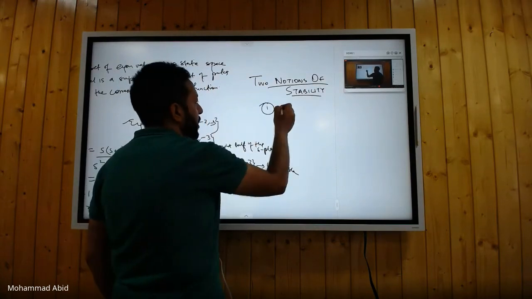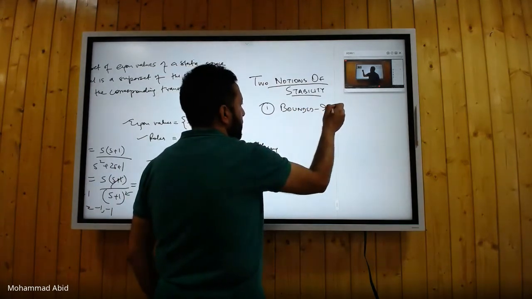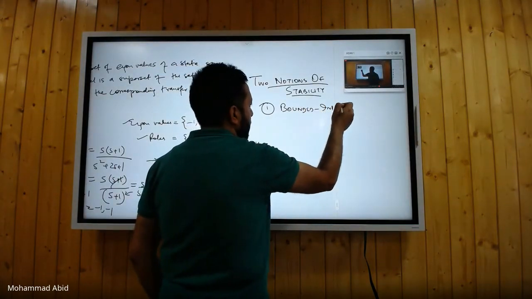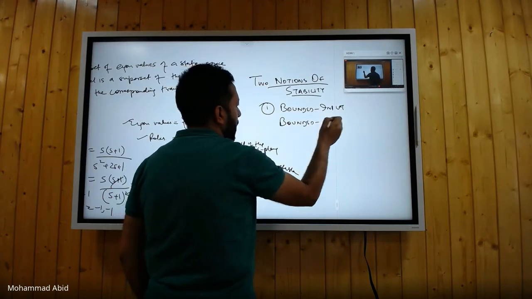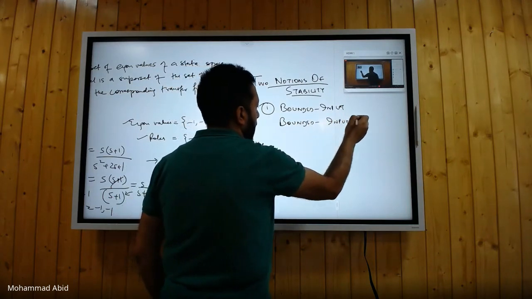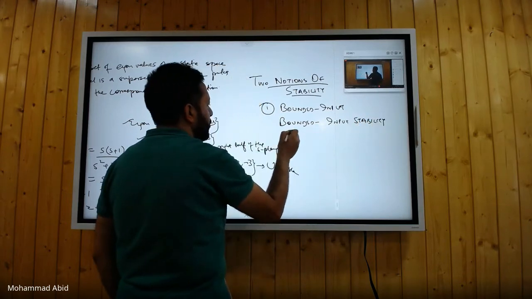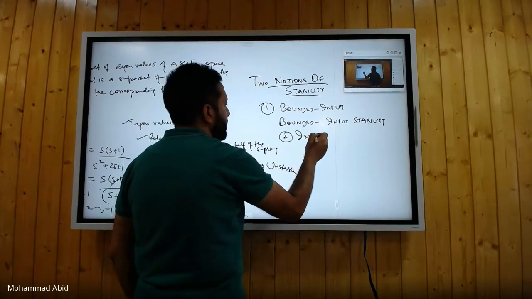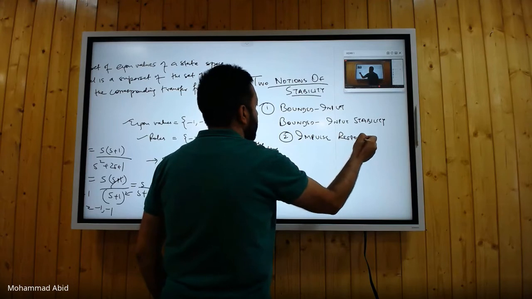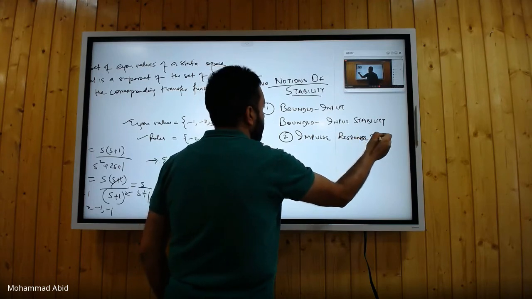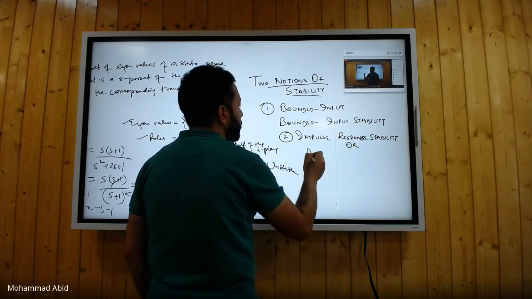One is what you call bounded input, bounded output stability. And second is what we call impulse response stability, or we also call it asymptotic stability.